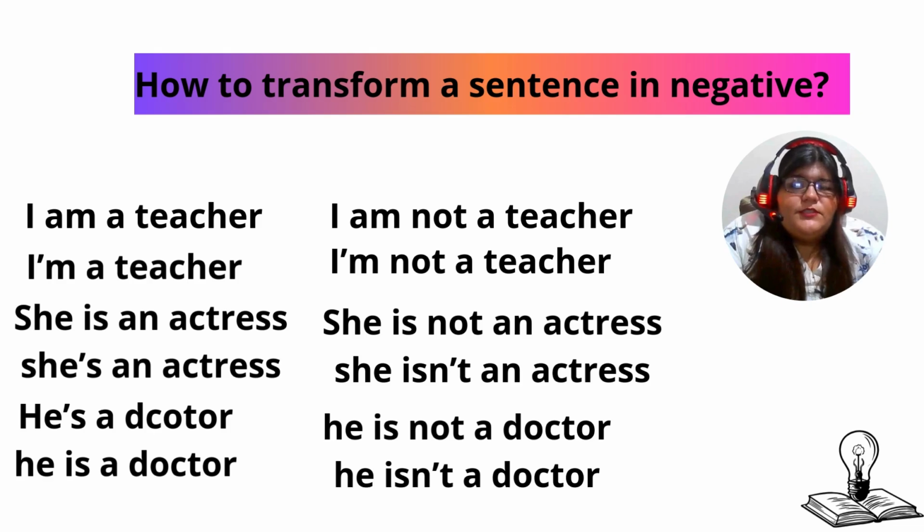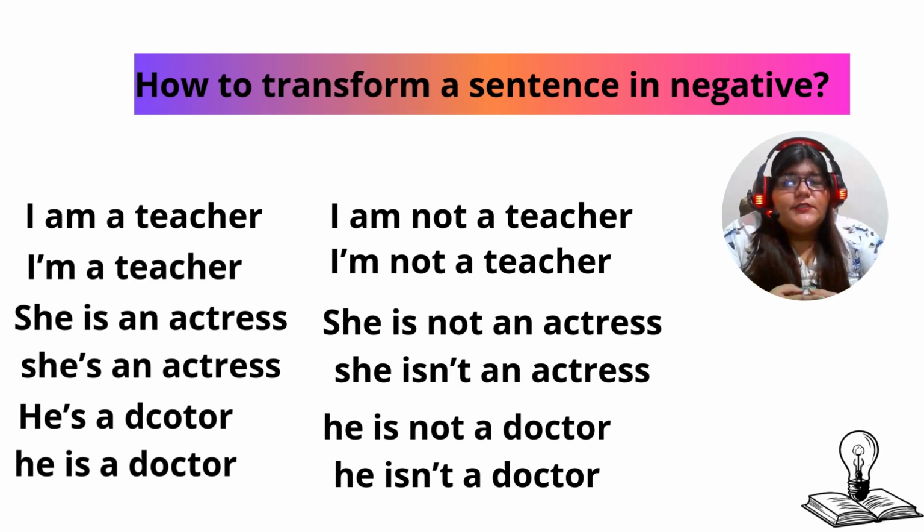And if you want to transform this or any sentence in negative, you will just add not after the be verb. For example, in affirmative it says, I am a teacher.